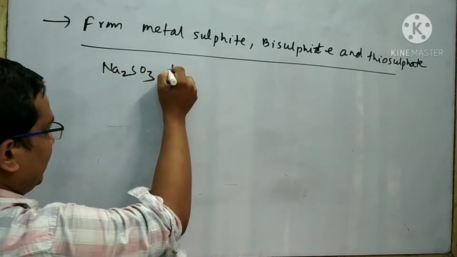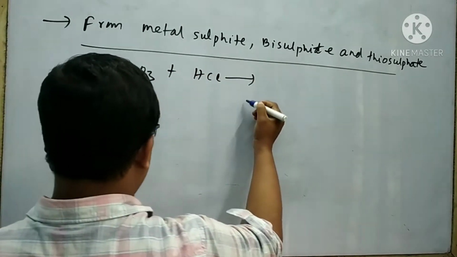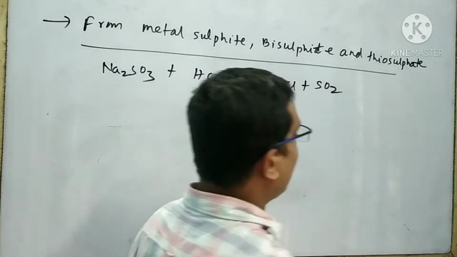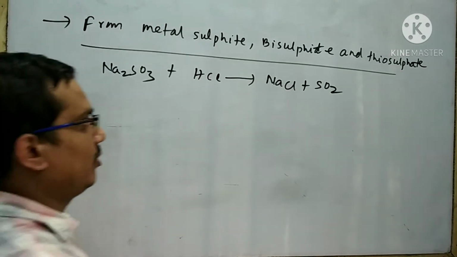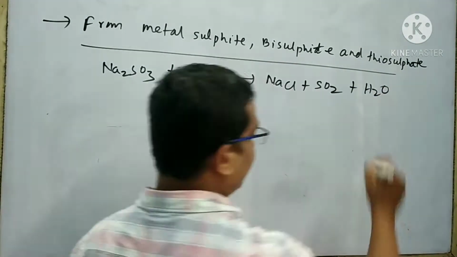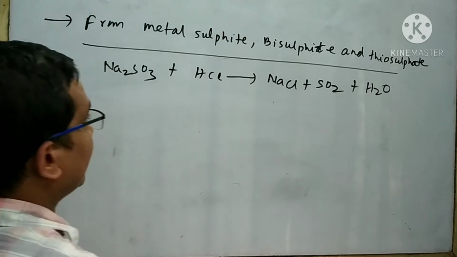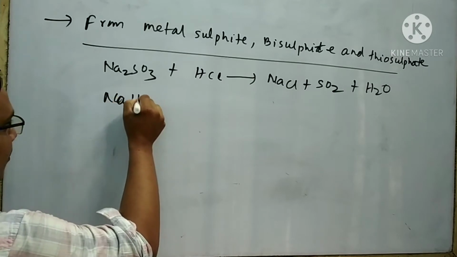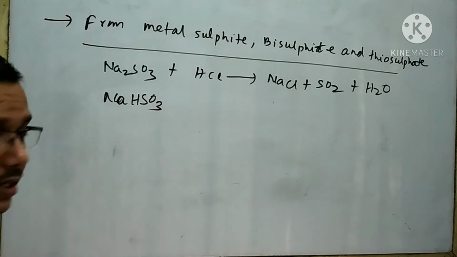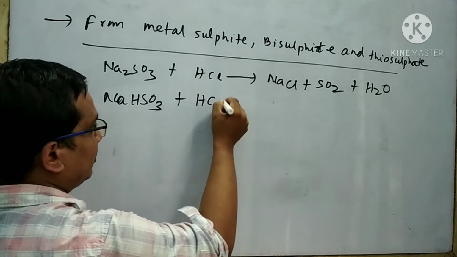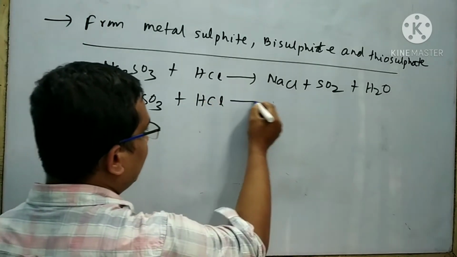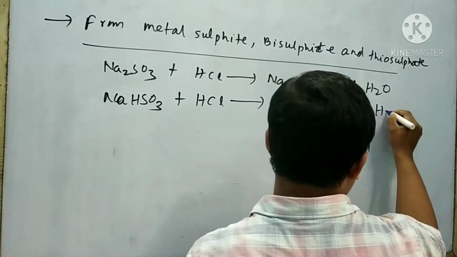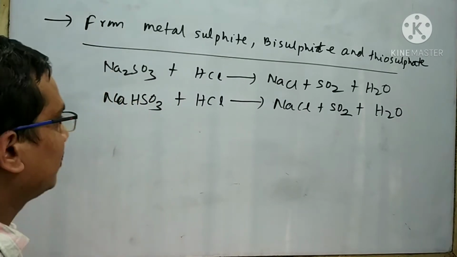When sodium sulfide is treated with HCl, then NaCl and sulfur dioxide are formed. Here a water molecule is also formed. Suppose I take an example of metal bisulfite, sodium bisulfite. When sodium bisulfite reacts with HCl, then sodium chloride, sulfur dioxide and water are formed.